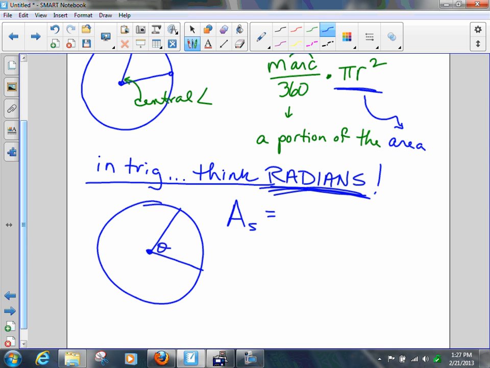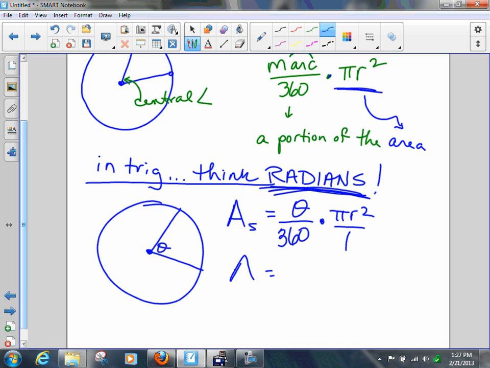So it's not going to be the measure of the arc divided by 360. In trig, it's theta over 360 times pi r squared.